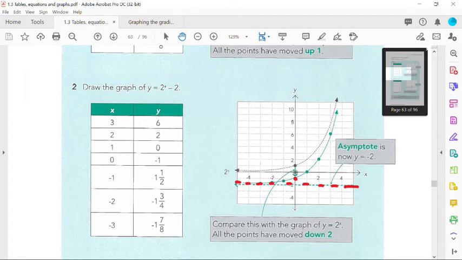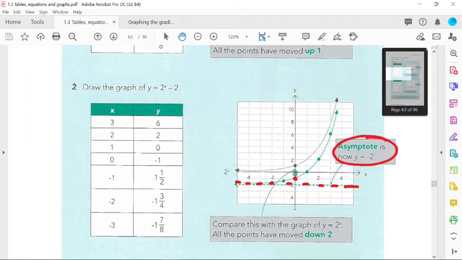In this case, there's no right or left movement because we have 2 to the x, not 2 to the x plus 5 or 2 to the x minus 3, which you will have in a minute. Okay, so in this case, you just have vertical shift. So the y-intercept is always 1 above the asymptote. Well, in the basic graph. So let's look at what happens here. Okay, so there's the basic graph. Okay, so filling in the points.